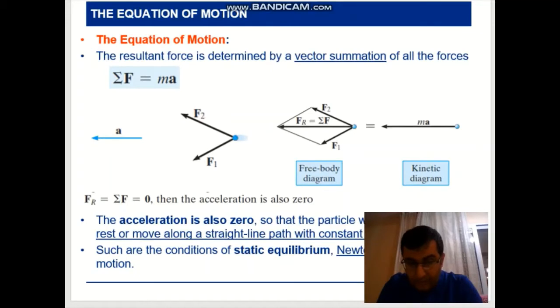In this one, if the F2 in y direction and F1 in y direction are added to each other, and there is no motion, it is just horizontal motion, that means these two forces in the y direction cancel each other, and there is no motion, so there is no acceleration in the y direction, so it is in static equilibrium.